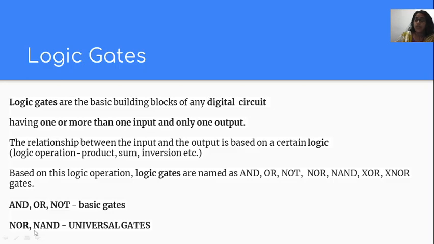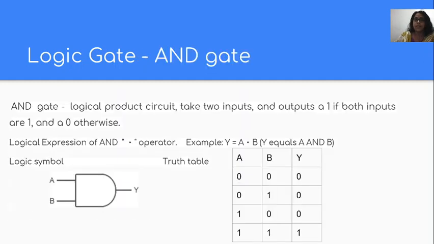And the other two gates, NOR and NAND, are known as universal gates. So my dears, logic gates are the basic building blocks of any digital circuit, and a logic gate will have one or more inputs, but only one output.